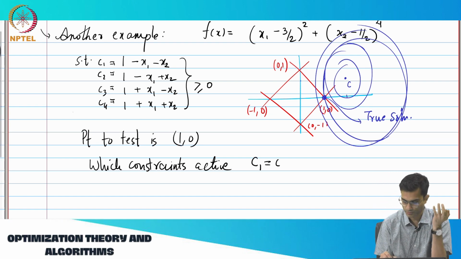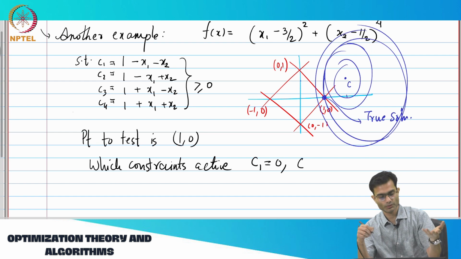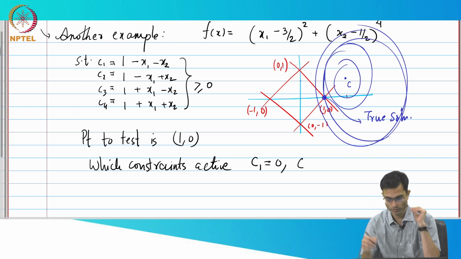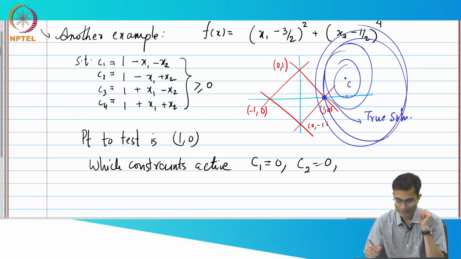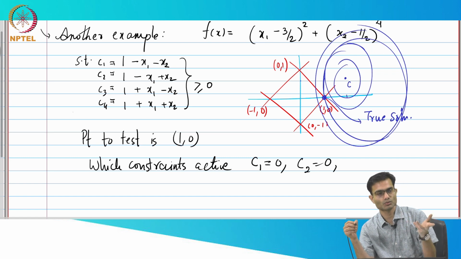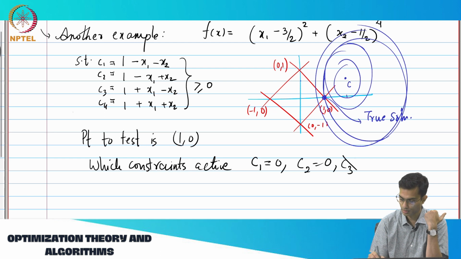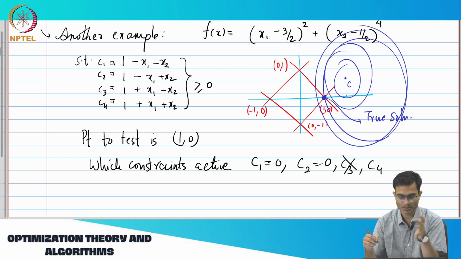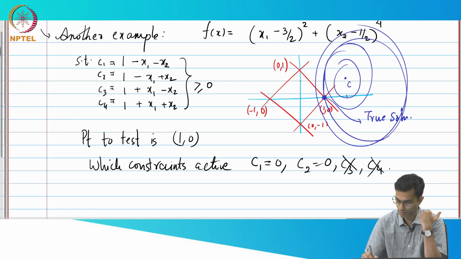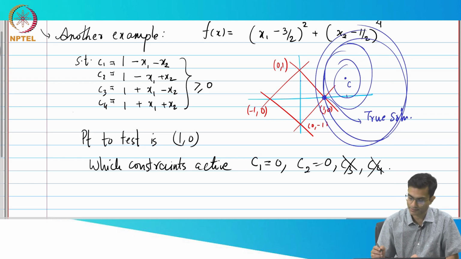So C1 is equal to 0. C2: if I substitute, 1 minus 1 plus 0 is also equal to 0. C3: if I substitute, 1 plus 1 is 2 minus 0, so 2 is greater than 0, so not C3. C4: 1 plus 1, 2 greater than 0, so not this one either. So I have two constraints that are active.